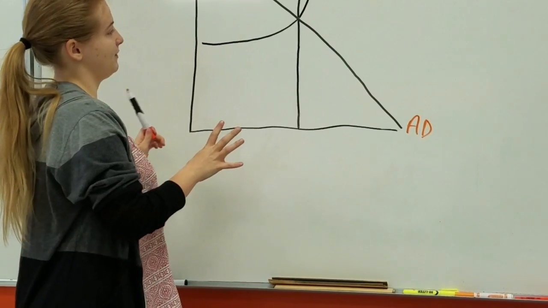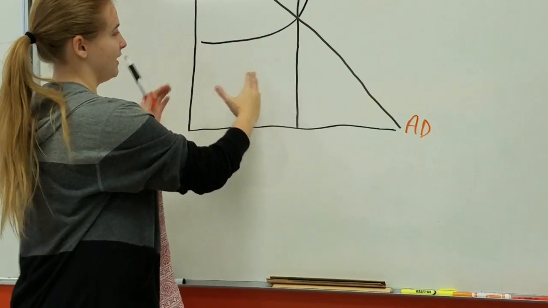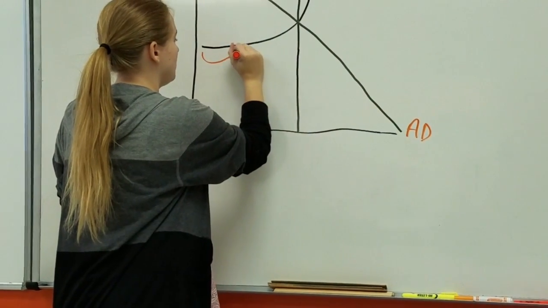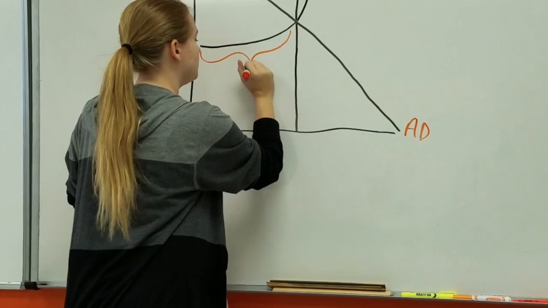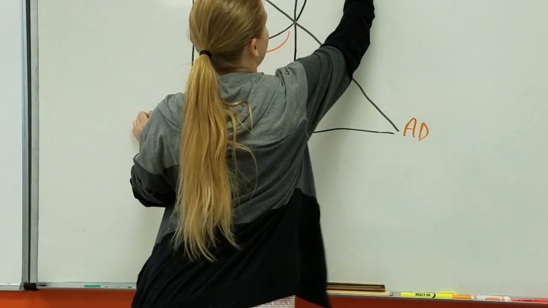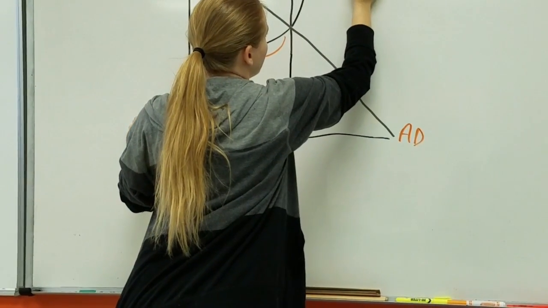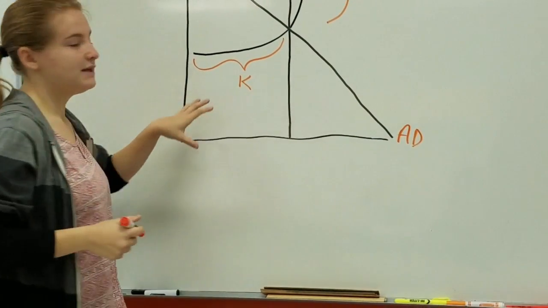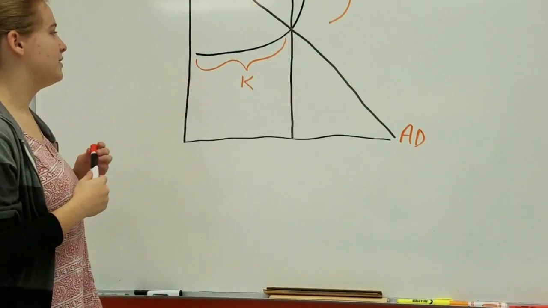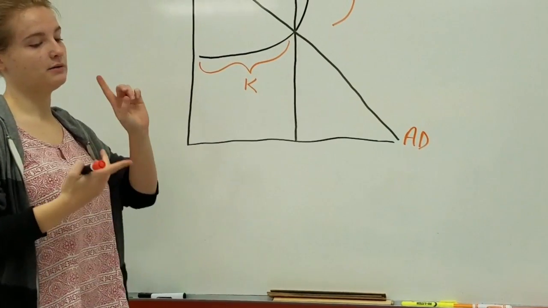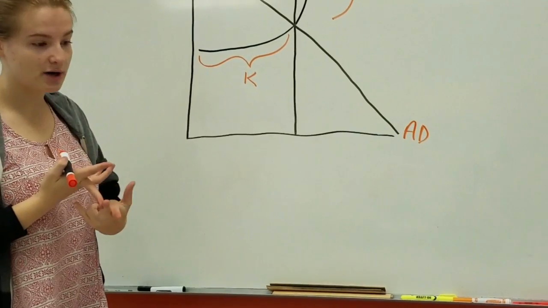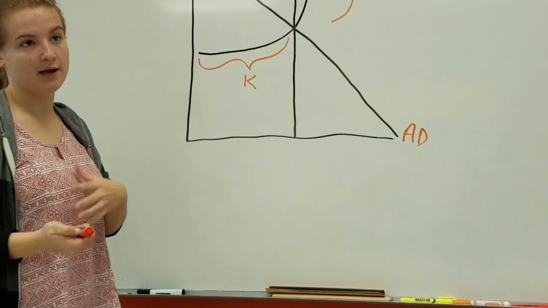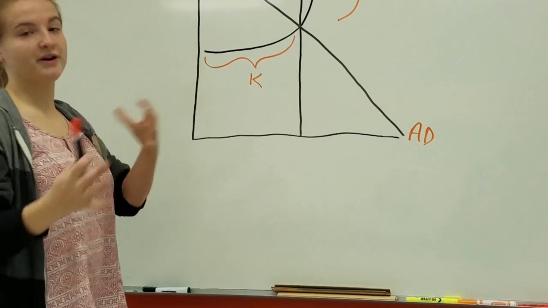Now, short run aggregate supply can be divided up into two smaller portions. The Keynesian portion and the classical portion. The Keynesian portion is controlled by minimum wage, contracts, anything that controls wages for the benefit of the worker.